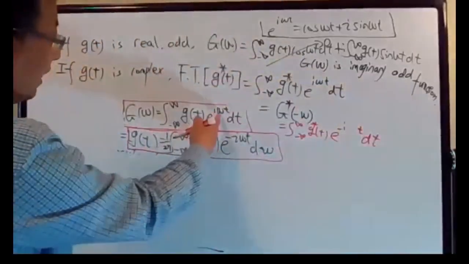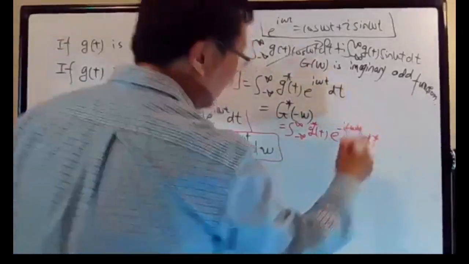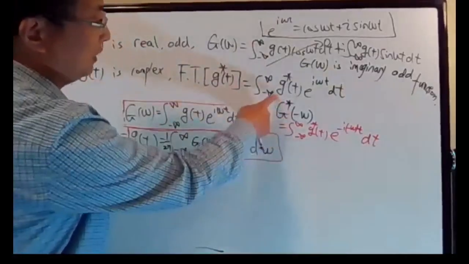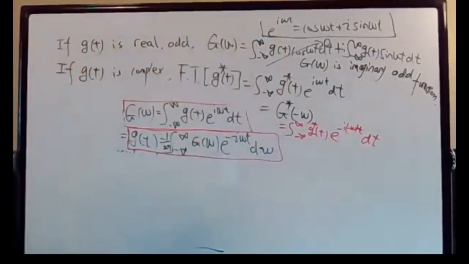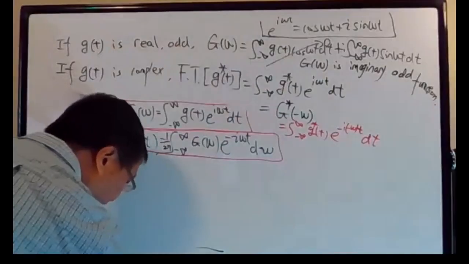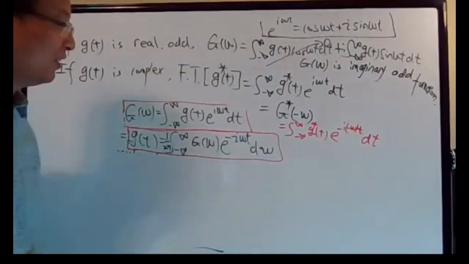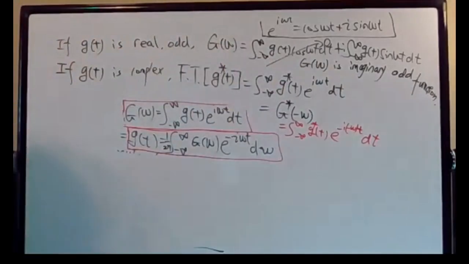But omega now is negative, so let me put a negative omega there. So this red formula equals this black formula. So that is G of negative omega, conjugate. You need to be clear in your mind, but that's the equation. Questions so far?